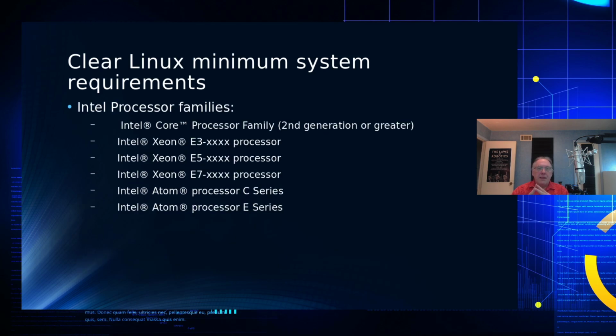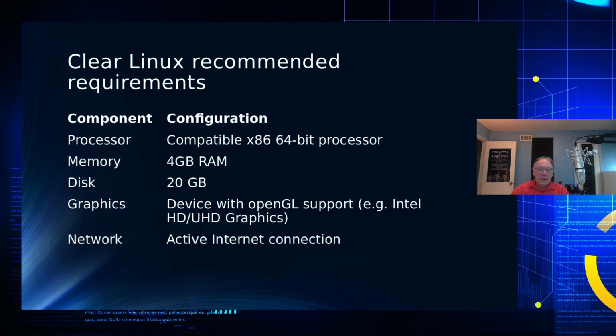The core families that they support, this list hasn't changed since last summer. It's still the same. As far as compatibility, these are the recommended requirements, not the minimum. Intel says that the system will run on 1 gig of memory. They recommend 2 if you're going to install a GUI.